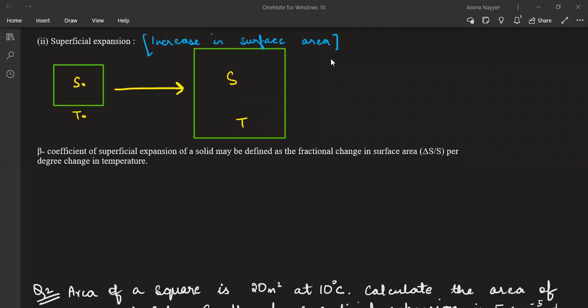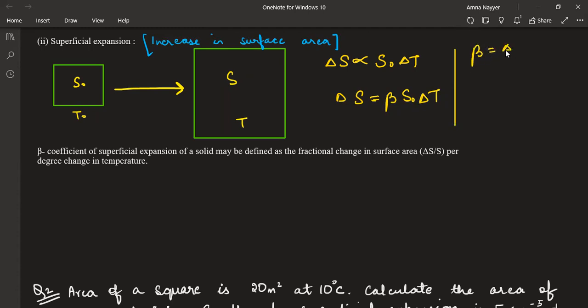So same thing, the change in the surface area will be directly proportional to the original surface area multiplied by the change in temperature. So here, when you remove the proportionality sign, the constant that you get is beta. Fine. How will you write beta?